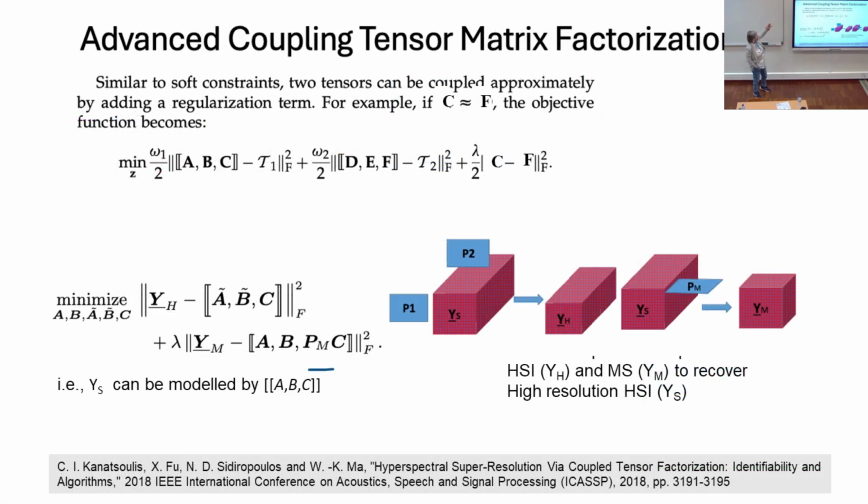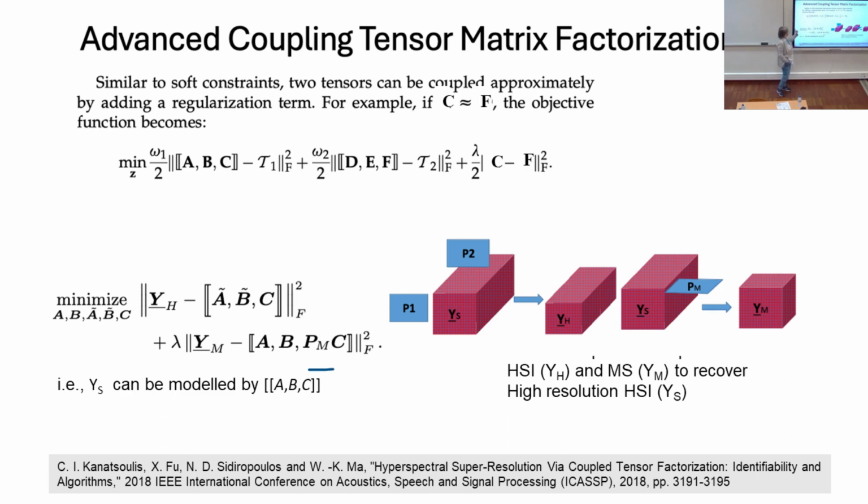Also, you can use coupling of tensor and tensor factorization. So here you have a general loss function. If you want to do joint analysis of two tensors, the same applies if you want to do joint analysis of a tensor and a matrix.